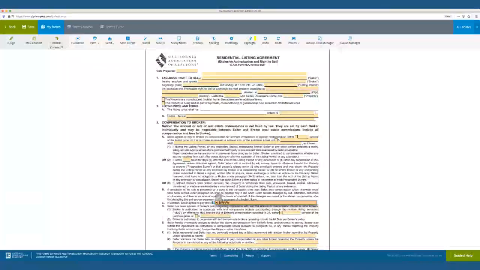So I'm going to write it out. Flat fee commission. And this is very important. It's a flat fee commission. It's not an administrative fee. It's not nothing like that. It is a commission. So they're paying 6% plus a flat fee commission of 575.